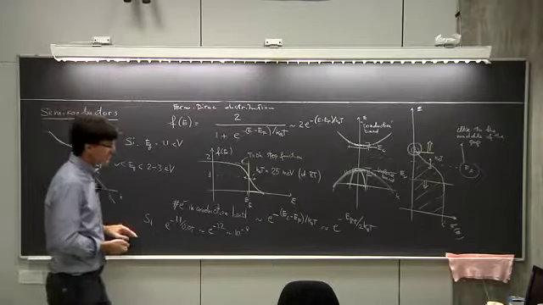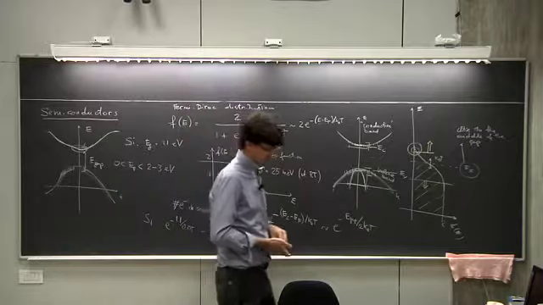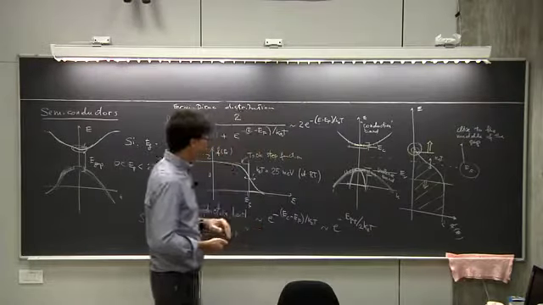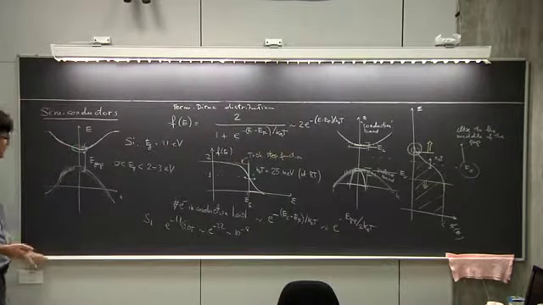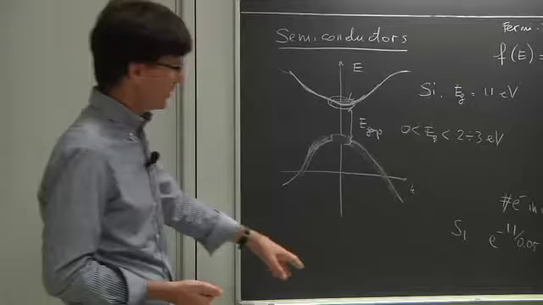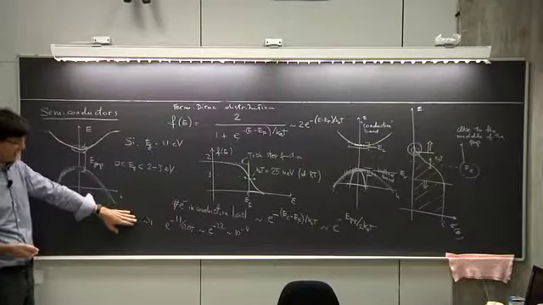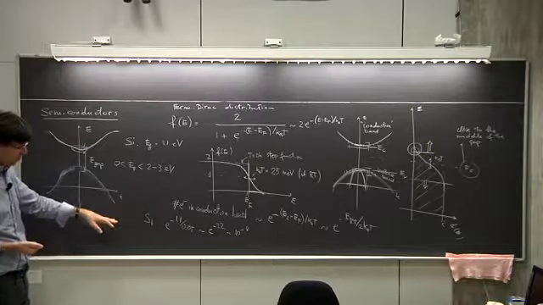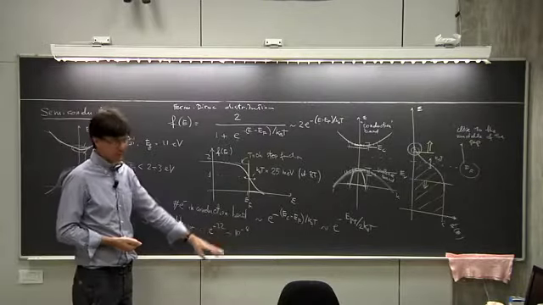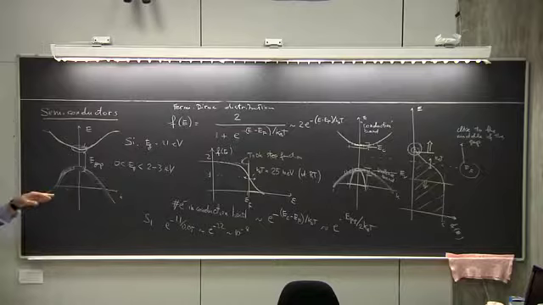But of course, this is not the only reason why semiconductors are interesting. In fact, current electronics is actually not based on this particular kind of conductivity. This is small, and it is detectable, but it would be too small to be of actual practical use.